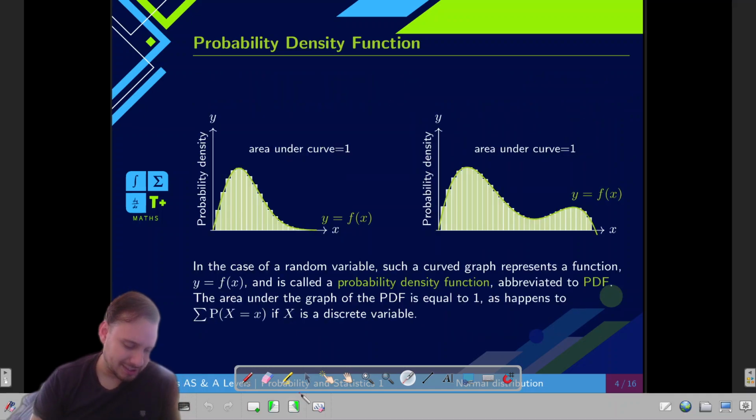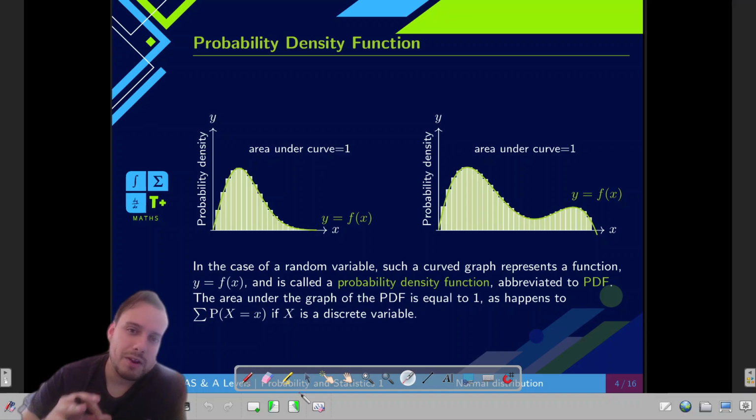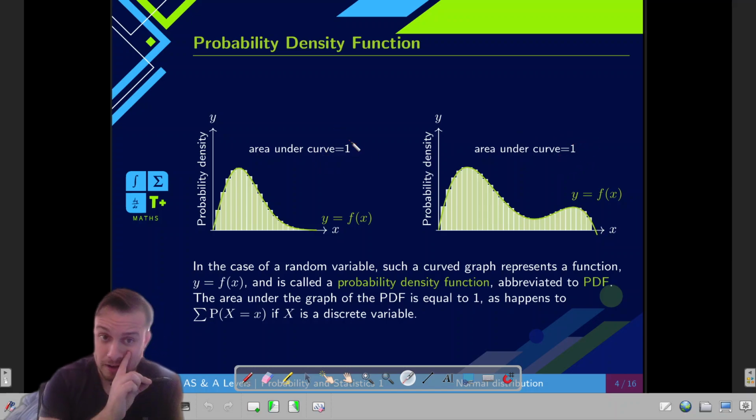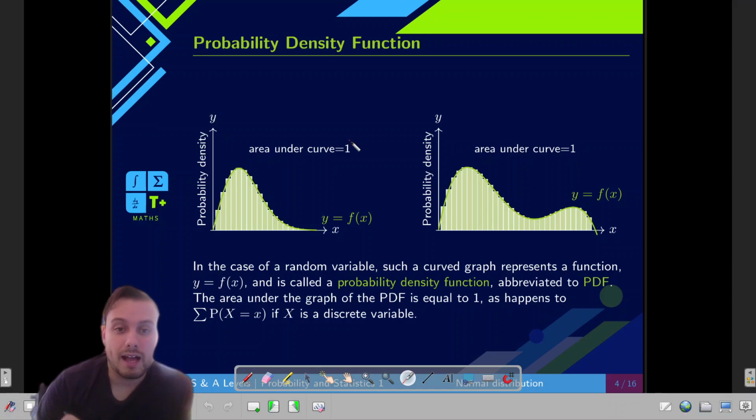This relates to the actual definition of what a continuous variable is, but we're not going to get into that. What I want you to understand is that whenever you have a probability density function, which we're going to call a PDF, the area under this curve has to be equal to 1. For a function to be called a PDF, the area beneath that curve has to be equal to 1.